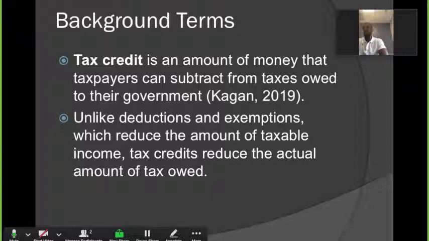So tax credits refer to an amount of money that taxpayers can subtract from taxes owed to their government. Unlike deductions and exemptions, which reduce the amount of taxable income, tax credits reduce the actual amount of tax owed. Later on, I'll actually show a brief example of how tax credits can be used to reduce the amount of tax owed to the government.